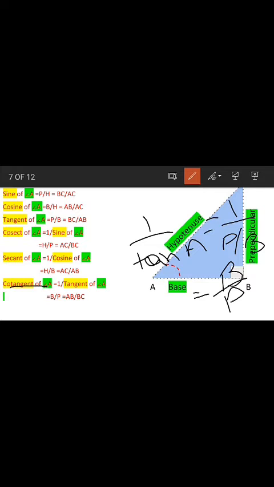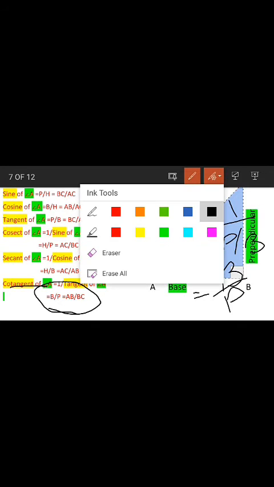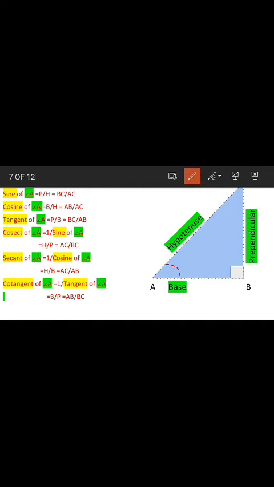So in this way cotangent of angle A is base upon perpendicular, and now in this case, can you find base class? Yes, that is AB for angle A and perpendicular will be BC. So cotangent of angle A will be AB upon BC.